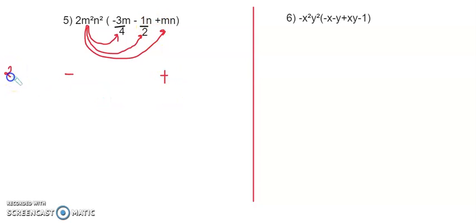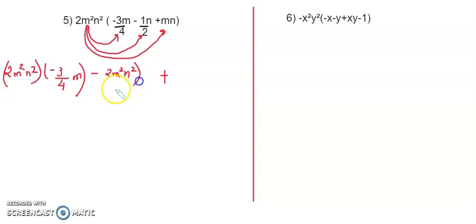So let's write down 2m square n square multiplied by minus 3 by 4m, right? Then minus 2m square n square multiplied by plus half n. Then plus sign. Which plus sign? This plus sign here. Then you have 2m square n square multiplied by mn.